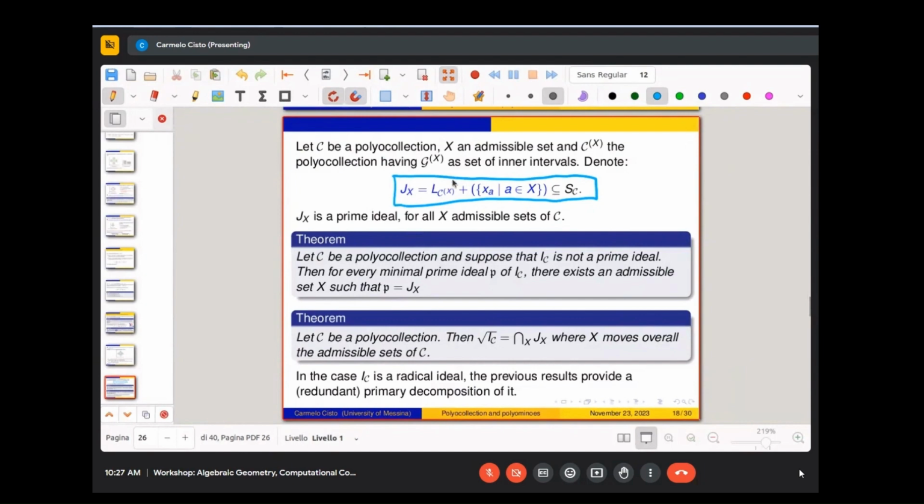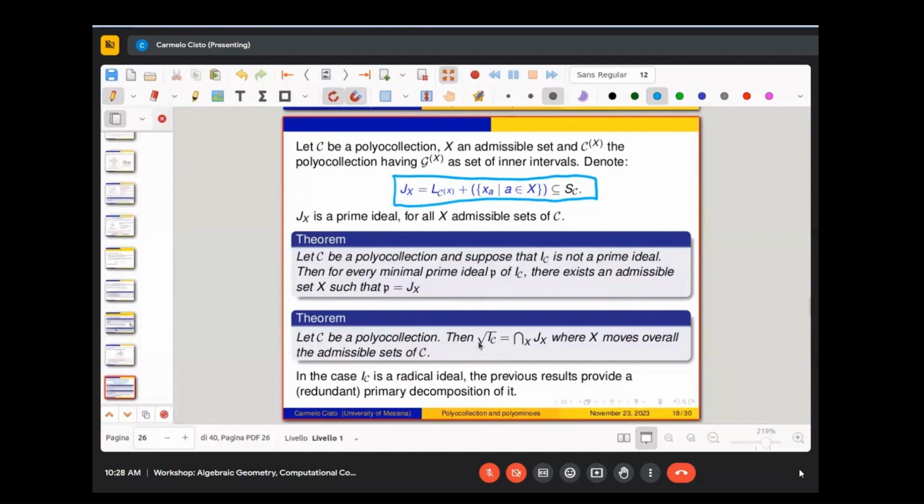In general, the converse is not true. That is, not all these ideals are minimal primes. But anyway, we can say that the intersection of all these ideals JX for all admissible sets is exactly the radical of the polyomino collection ideal. In particular, when the polyomino collection ideal is radical, this second theorem provides a redundant primary decomposition.